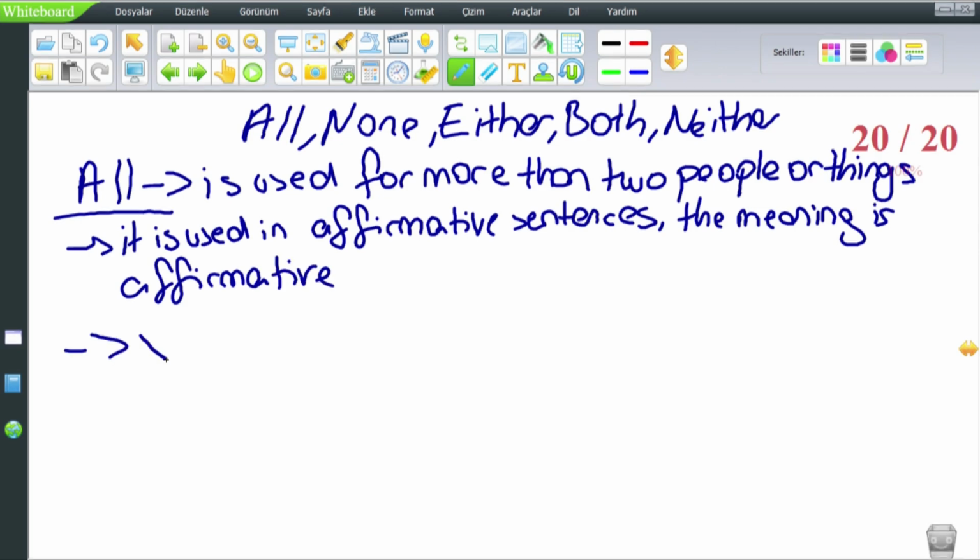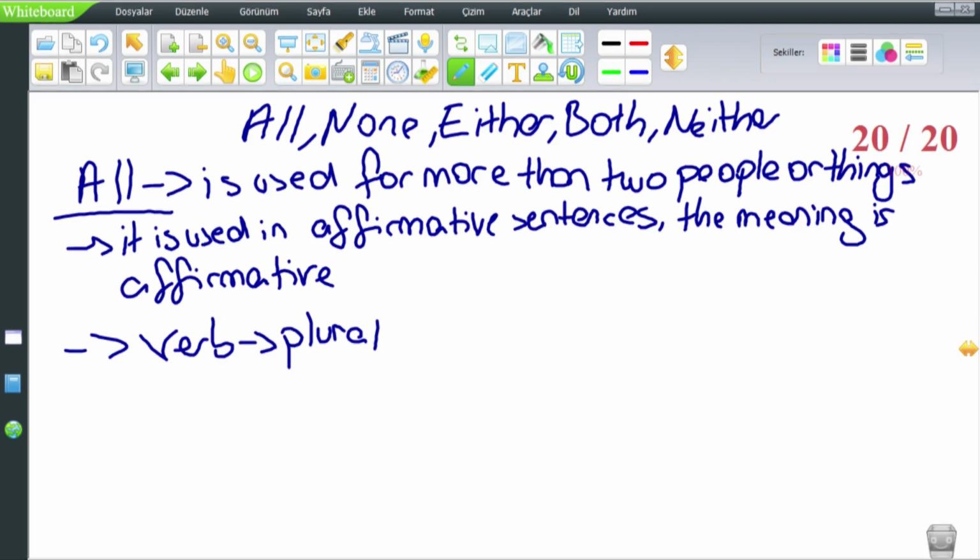Our verb is used in plural form. We are talking about something, we are talking about more than two things.